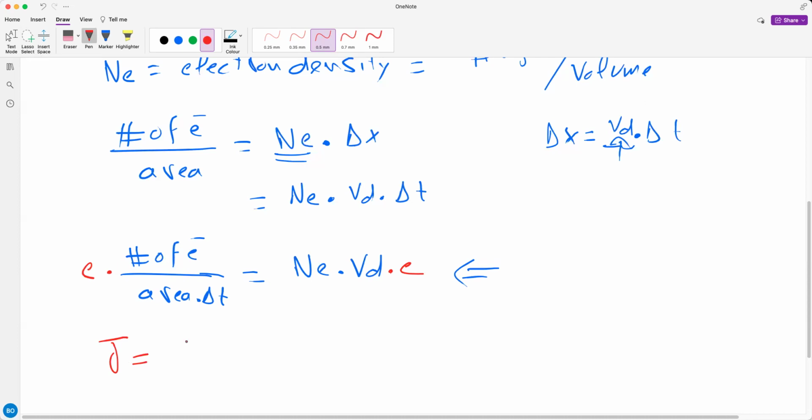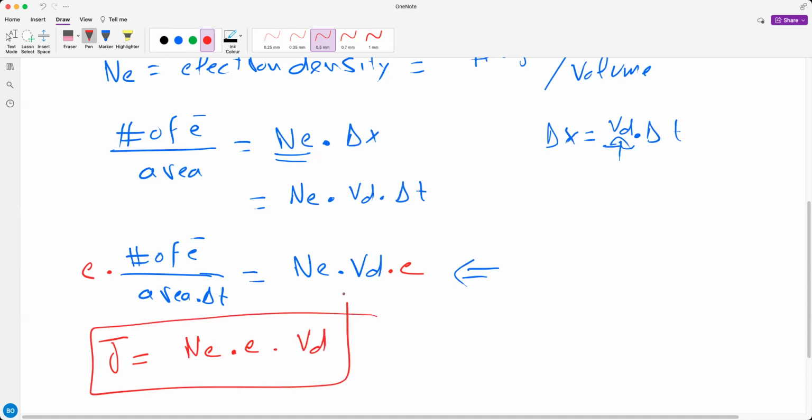So the electric current density will be equal to n_e, the density of free electrons, times e, the electric charge, times the drift velocity. So n_e, please don't forget, is the electron density, or the density of free electrons.